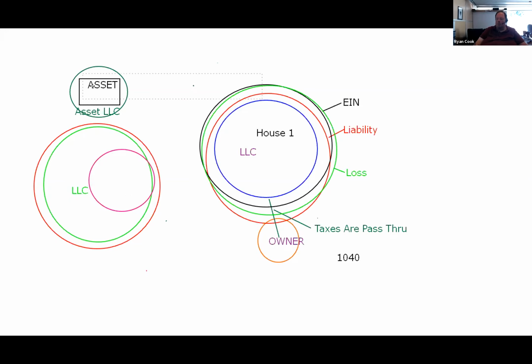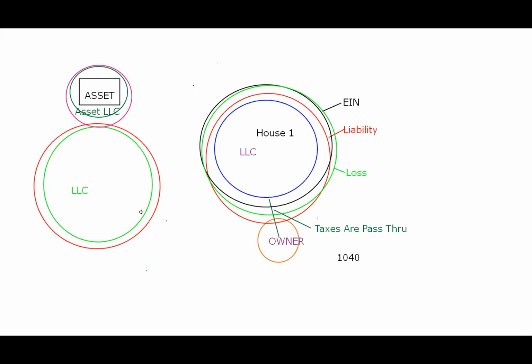What goes with it is its liability. And so it comes over here. Now the LLC is protected from it. It has its own little shield from it because of this. Does that make it a little bit clearer?